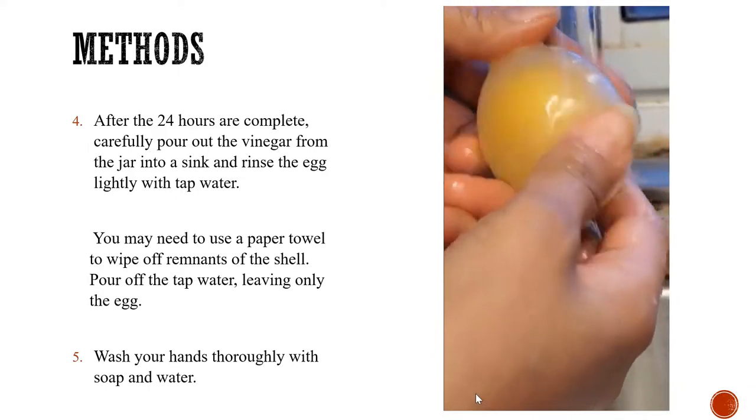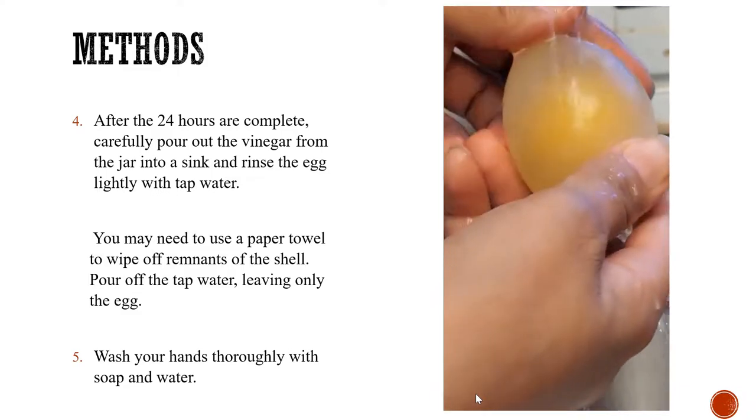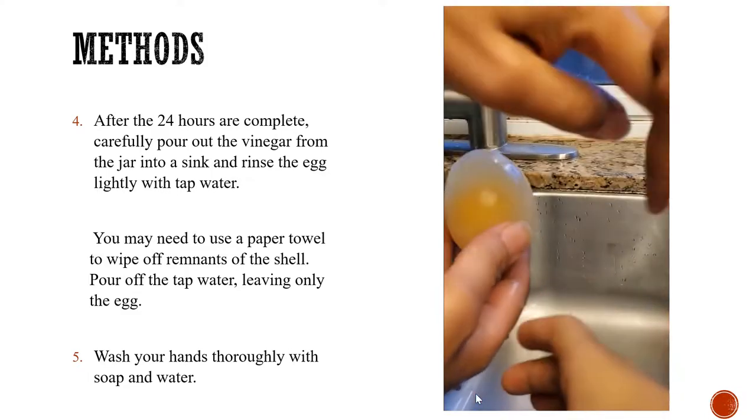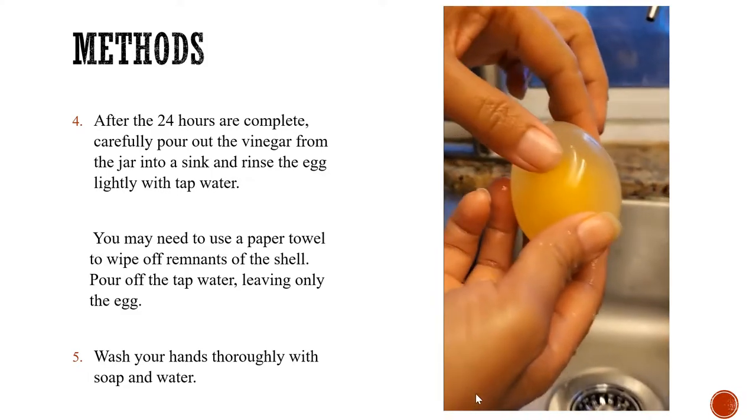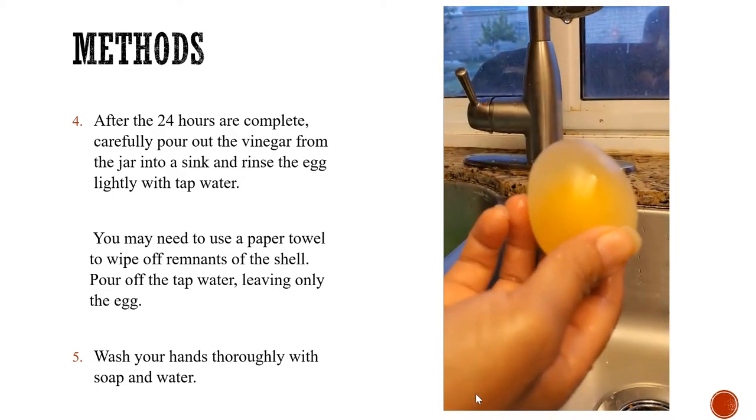You can see that the eggshell has been removed, and you can see right through the egg, and the yellow is the yolk of the egg. It's soft and squishy. The white part of the egg, the albumin, and the egg yolk is still inside. We're pressing on the outer membrane.